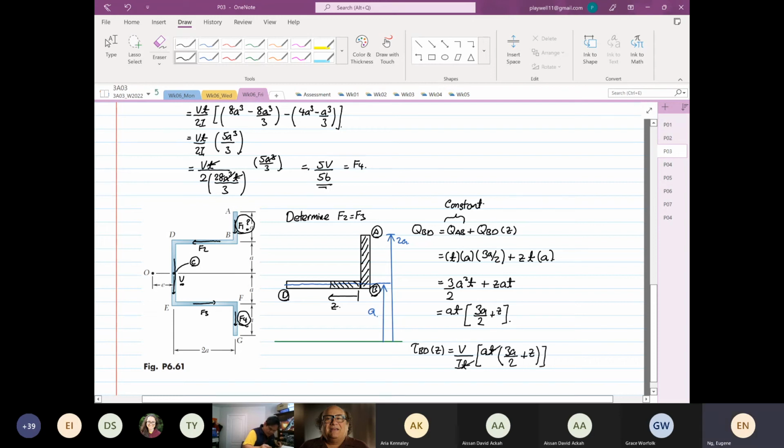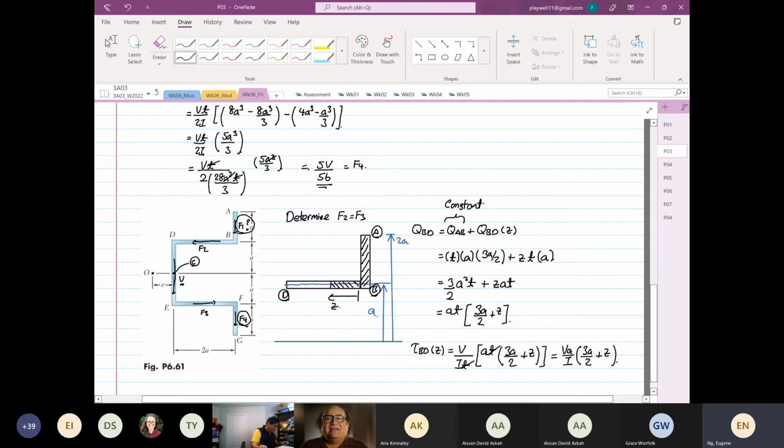Again, we can remove our thickness. So it's equal to VA over I, 3A over 2 plus Z.